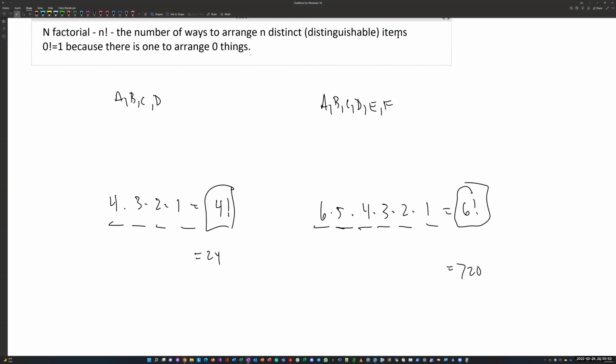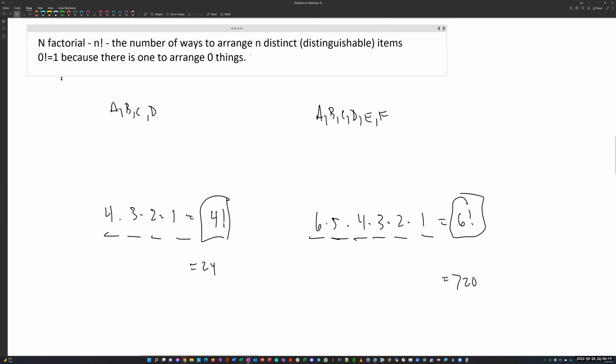Does that make sense? Like I am sitting in a classroom right now and there are all these desks here and there's not a single student in here. And how many ways are there for these students to sit in these desks? One way. Nobody sits down. Does that make sense? Yeah. Okay. So there's still always a way.